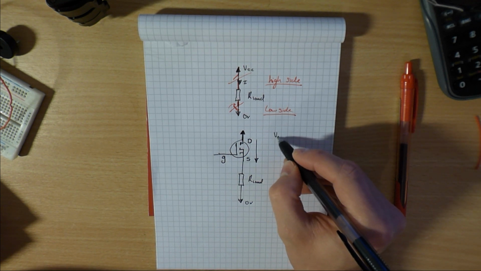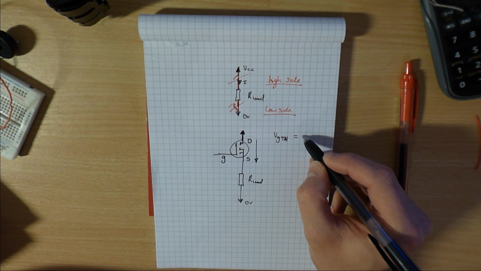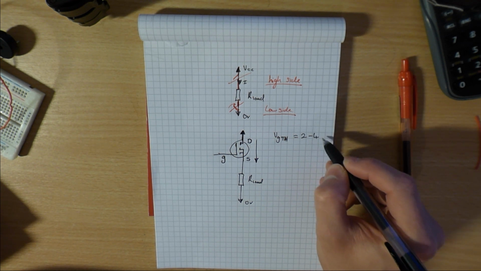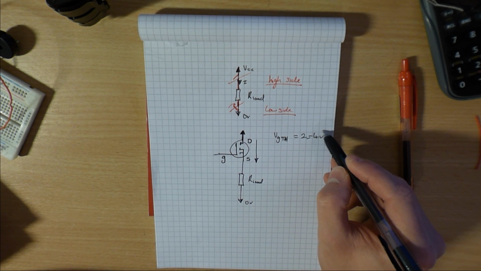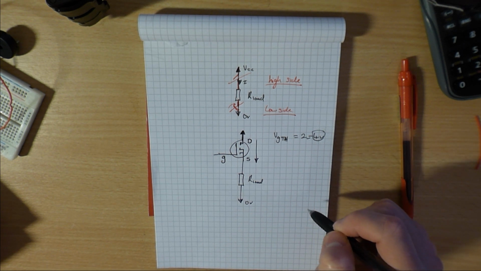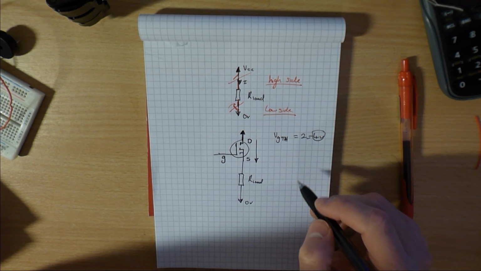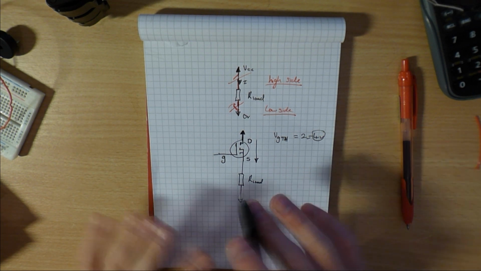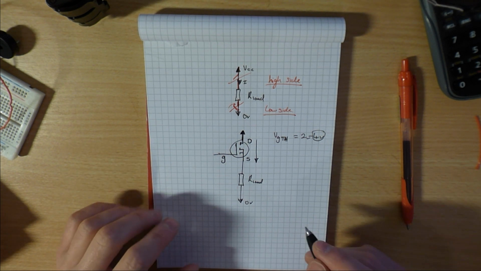Usually there's a threshold for the gate voltage, and it can be anywhere between sort of 2 to maybe 4 or 5 volts. The switch I'm using is going to be 4 volts. And I'm not actually using a MOSFET, I'm using an IGBT, and I can explain those in a minute, but for all intents and purposes the driving of them is the same.